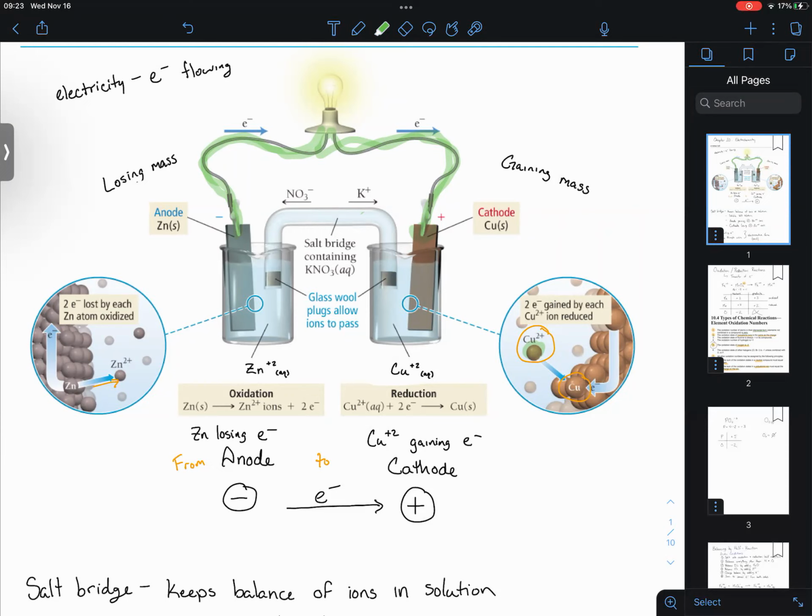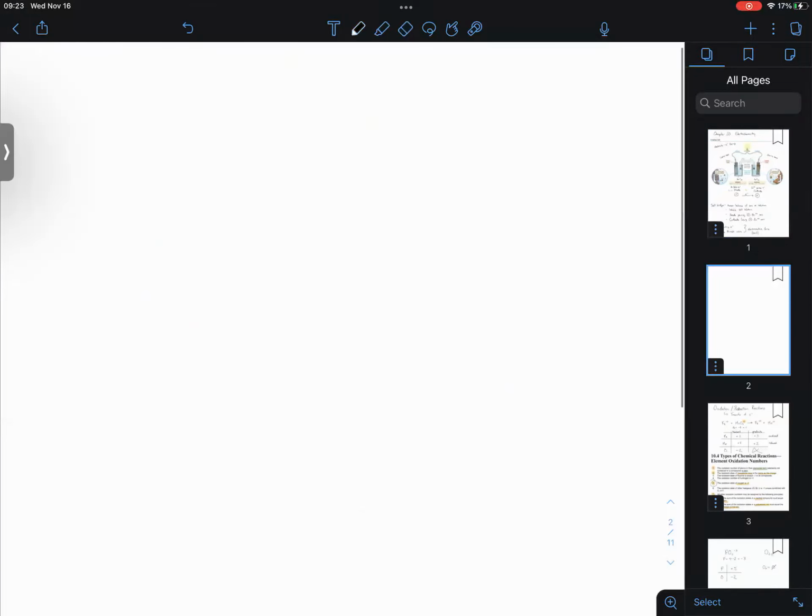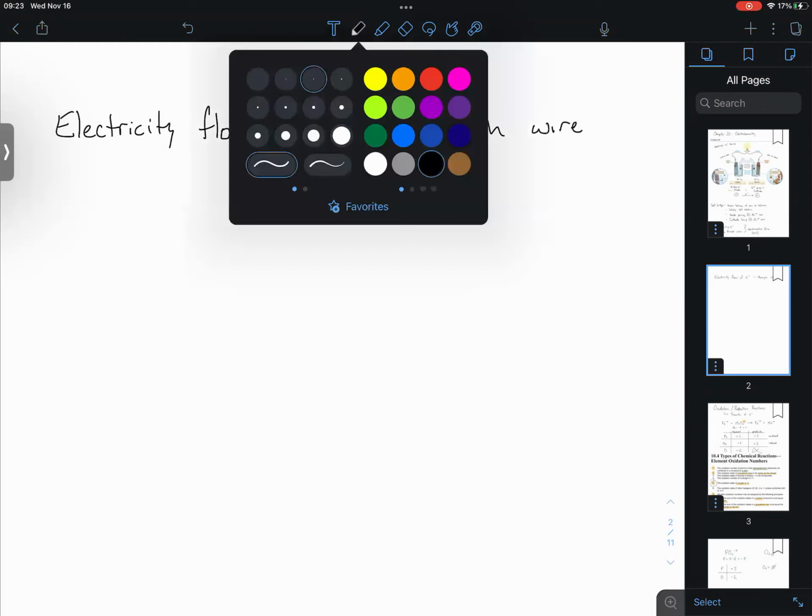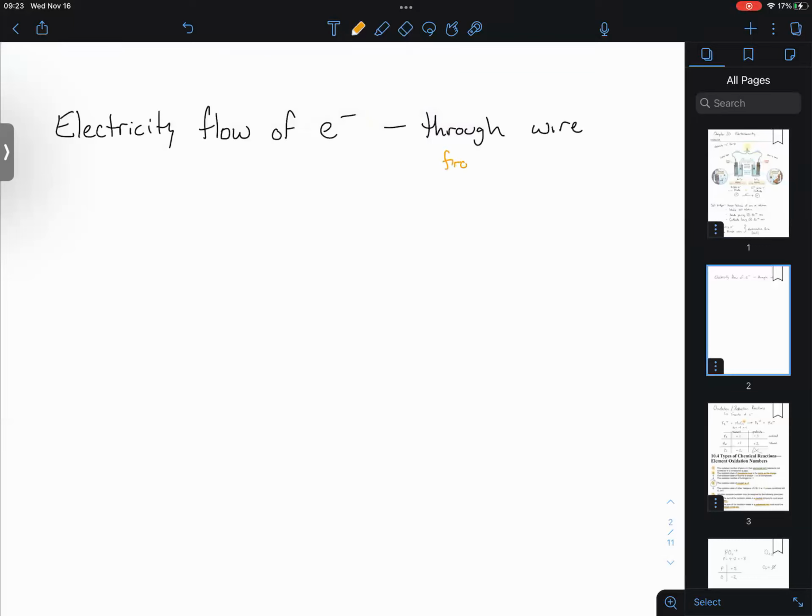All right, so let's talk a little bit more about this wire here. First, we got to lay a little bit of groundwork about how electricity in general kind of works, but some important concepts. So again, electricity is the flow of electrons, and this is occurring through our wire, again, from anode to cathode.